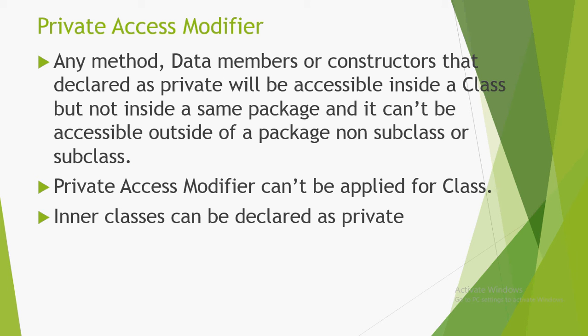If we want to create an object for this particular class, we must be in a position to access that class, and only then can we create that object. So Java people removed the private access modifier for classes, and it is applicable for inner classes because we won't access inner classes outside of the main class.